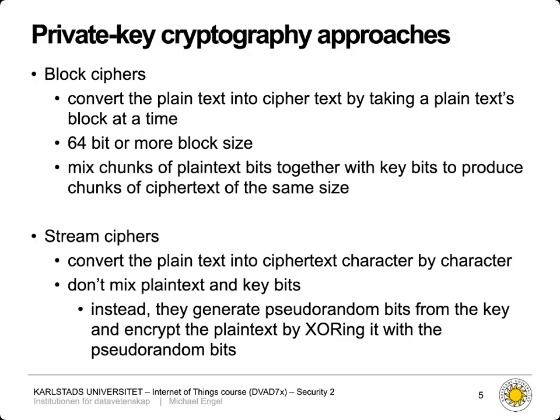To do this, they cannot mix plain text and key bits because we only have 8 bits per message and the keys are usually much longer. So instead, they generate pseudo-random bits from a key and encrypt the plain text by using an XOR operation with the pseudo-random bits that it generated. And then, of course, it sends the encoded bytes over a communication channel.